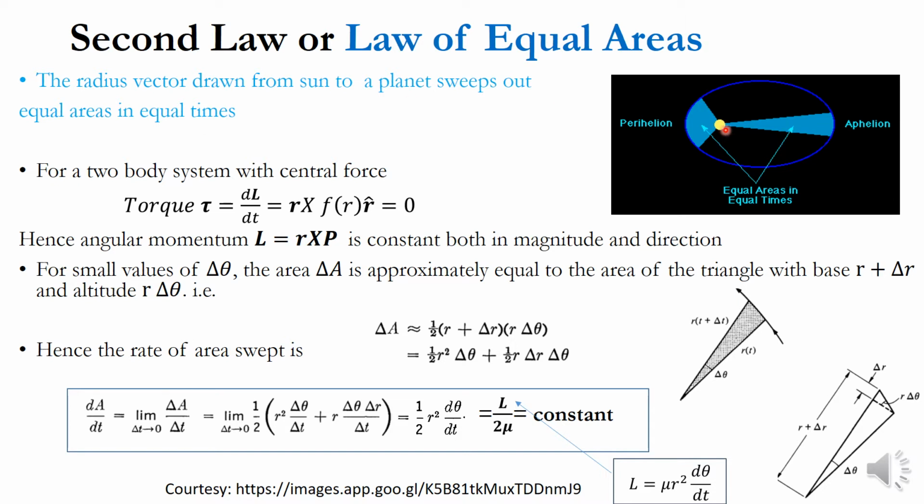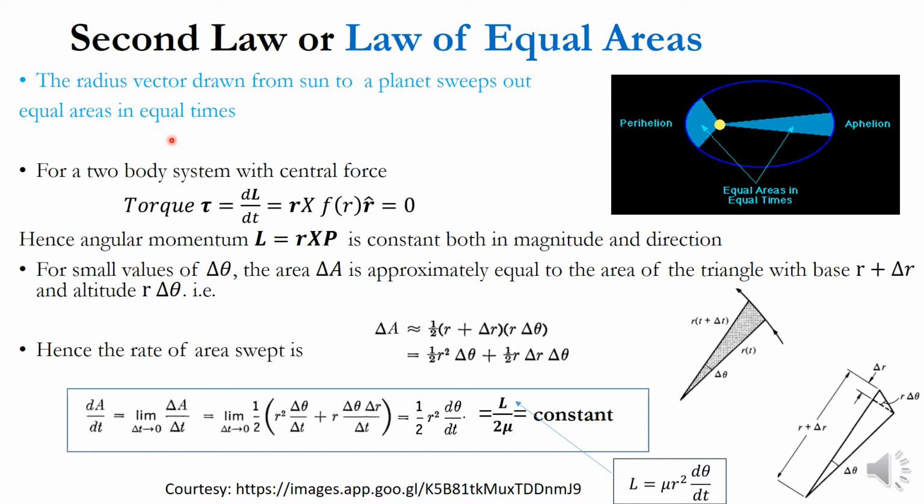That is, a radial vector drawn from sun to the planet sweeps out equal areas, these areas in equal time. For a larger distance between the planet and sun, the area is like this, and for a smaller distance like this, the area is like this. So it sweeps out equal areas in equal times.